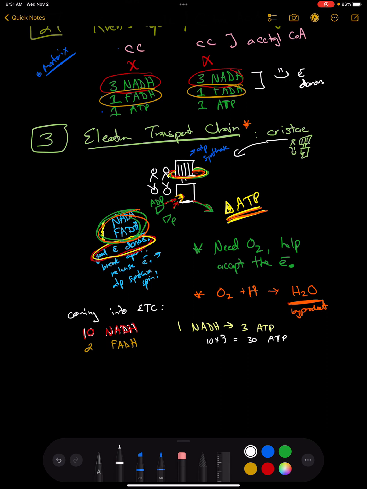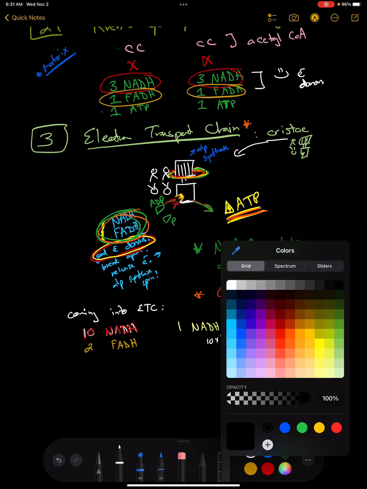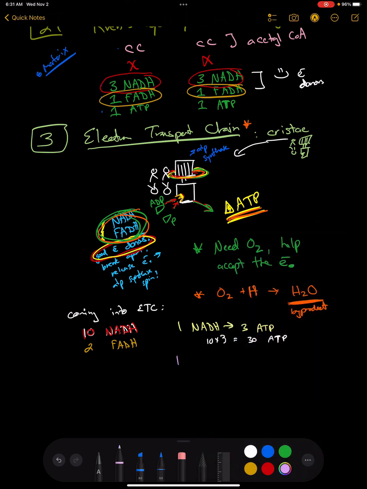Remember, my final number was 36, so right now I have 30. For every 1 FADH, I get to make 2 ATPs. I had 2 coming in, so 2 times 2 gives me 4 ATPs. So overall, I've made 30 from NADHs and 4 from my FADHs. So that gives me 34 ATP.